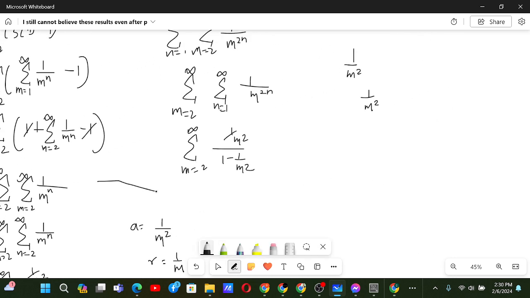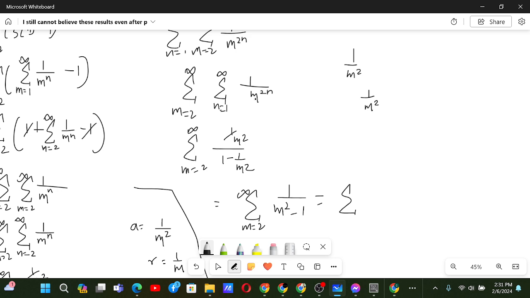So this will evaluate to the sum from m equals 2 to infinity. Now this will just be 1 by m square minus 1.